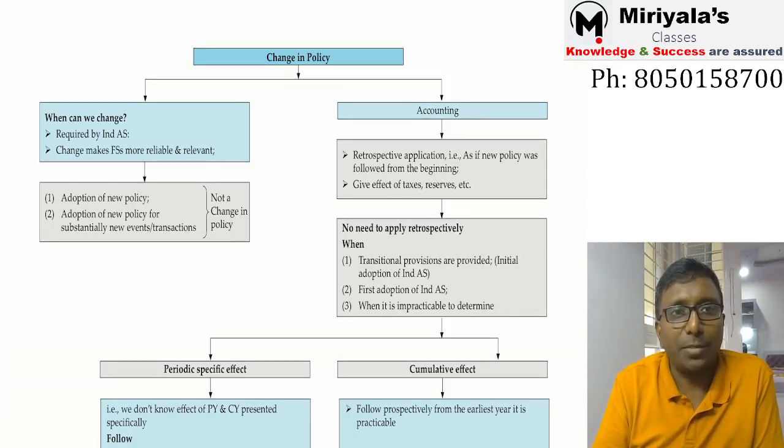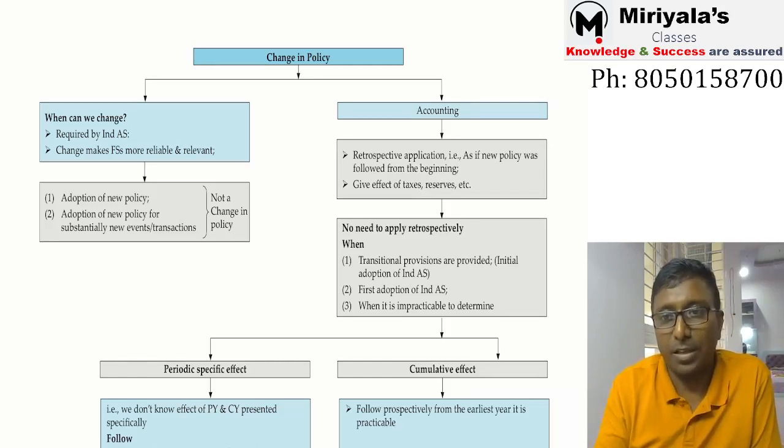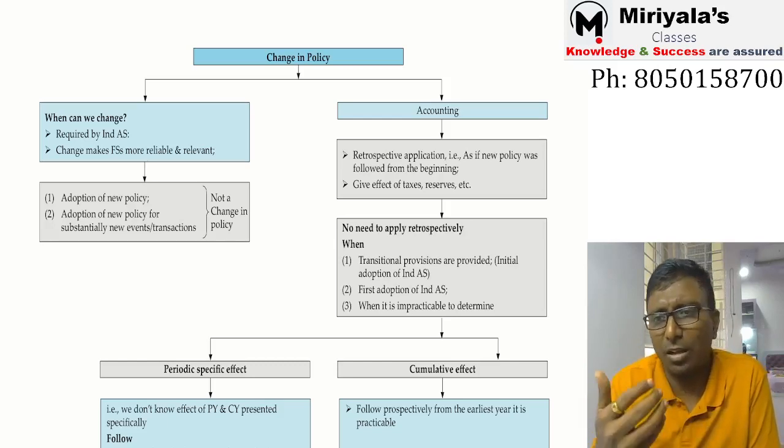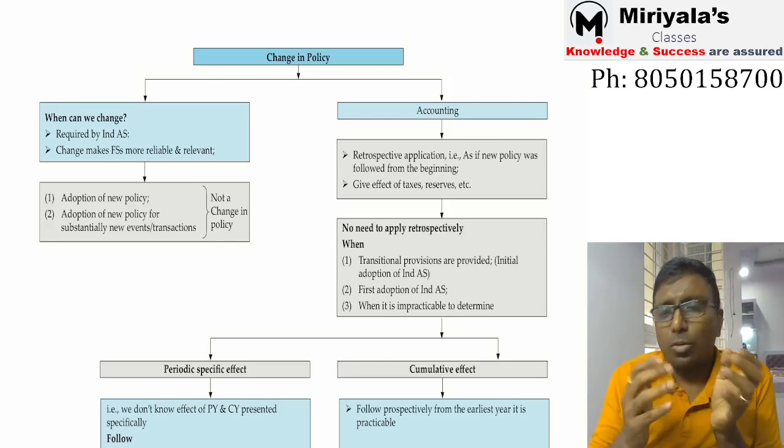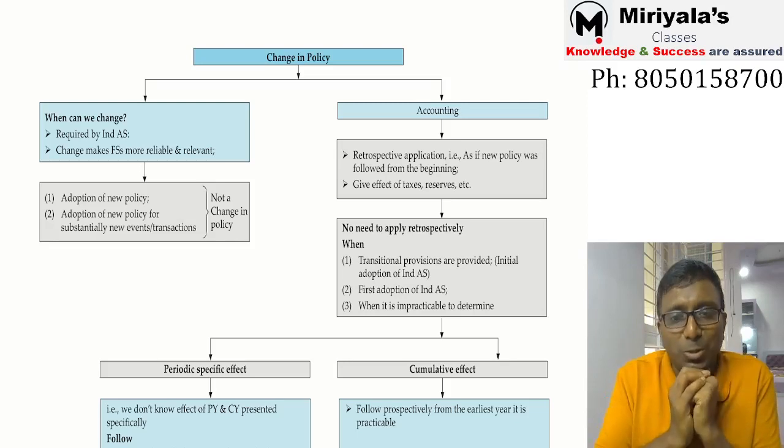I am also a teacher for the members in the ICAI certification program. I'm a regular faculty, every batch I teach one or two classes. Now in that, one question has come.